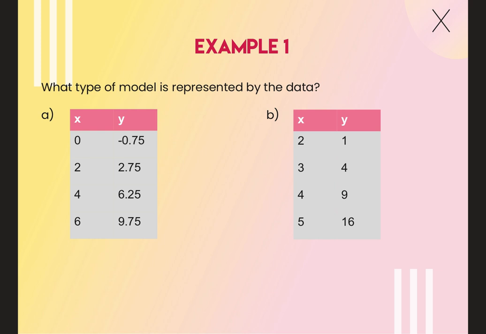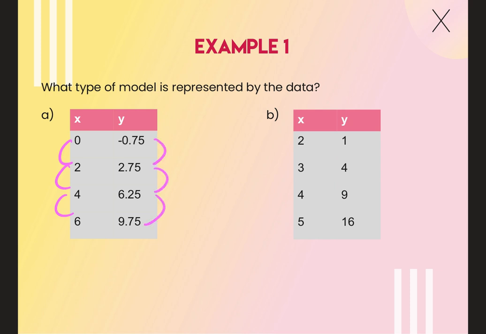Okay, so look at example 1. It literally says what type of model is represented by the data. So the first thing we have to look at are my x values increasing or decreasing by the same rate? From 0 to 2 and 2 to 4 and 4 to 6, are they increasing by the same rate? Yes. Now I want to look at my y values, okay?